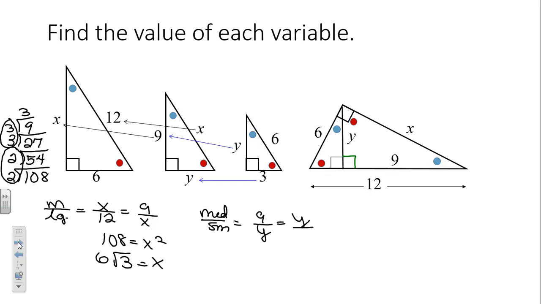Then we have to go back to the little triangle and say 3. So y squared is 27. Is there a perfect square in 27? Okay, 27 is odd, so we try 3. 3 times 9, right? And then 3 times 3, what comes out? 3 square roots of 3.